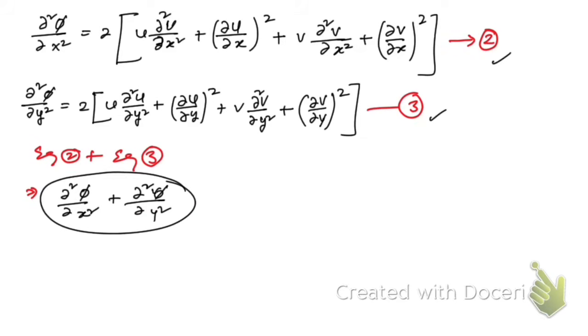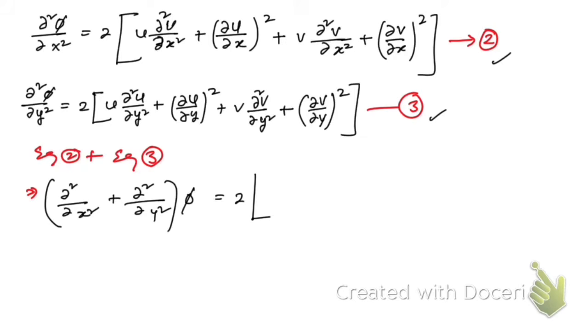And this part can be written this way. If you take phi common, you can use this as an operator, and which is operating on phi. You can take that way, and on the other side you can have 2 common again. Then write all these terms within this square bracket, or simply just do one thing. Let me copy this.